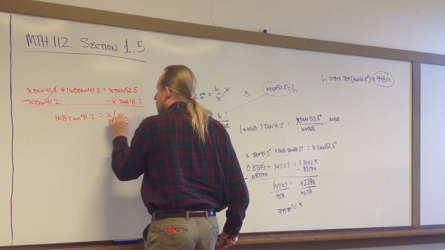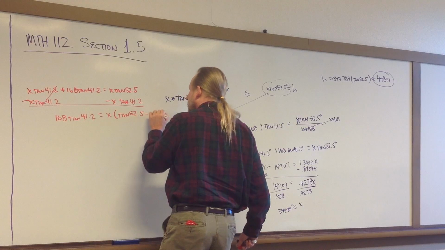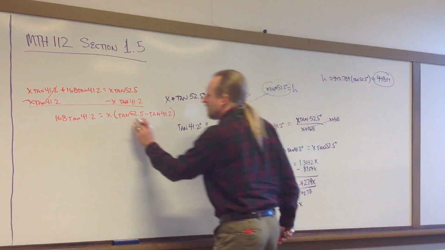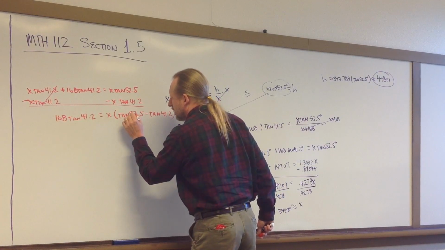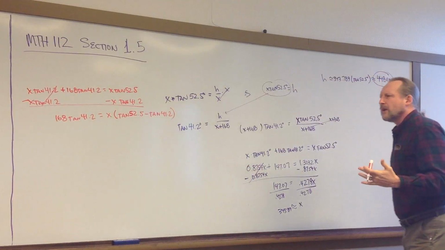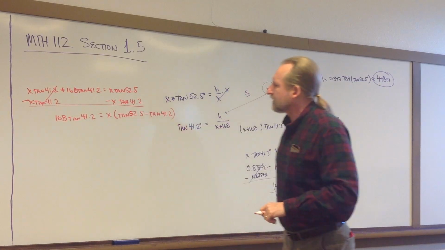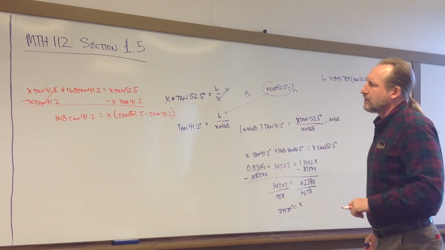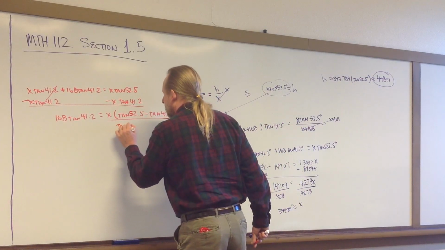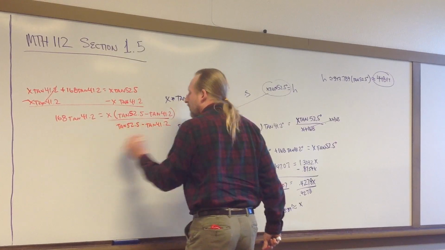Here, factor out the x and we'll have tangent 52.5 minus tangent 41.2. And again, this I go over in more detail in Math 111 when we're solving equations involving logarithms. I talk about this in some detail in that section. And then the last thing we need to do is to divide on both sides by this tangent 52.5 minus tangent 41.2.